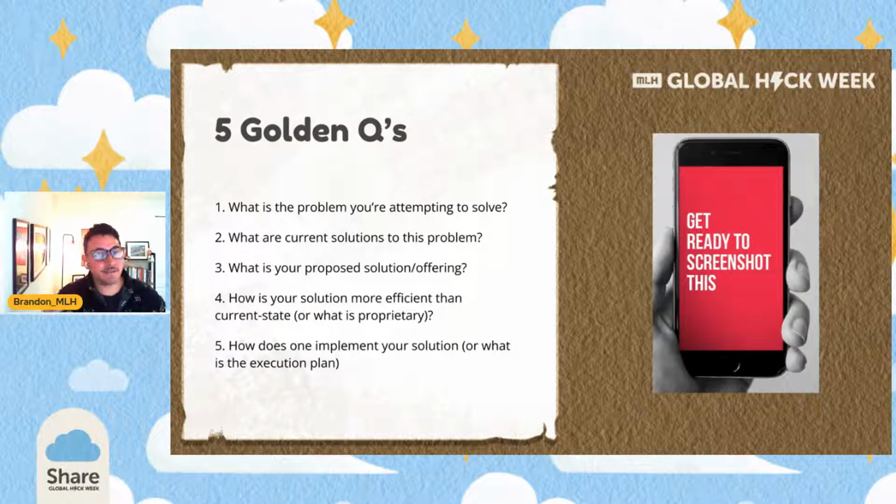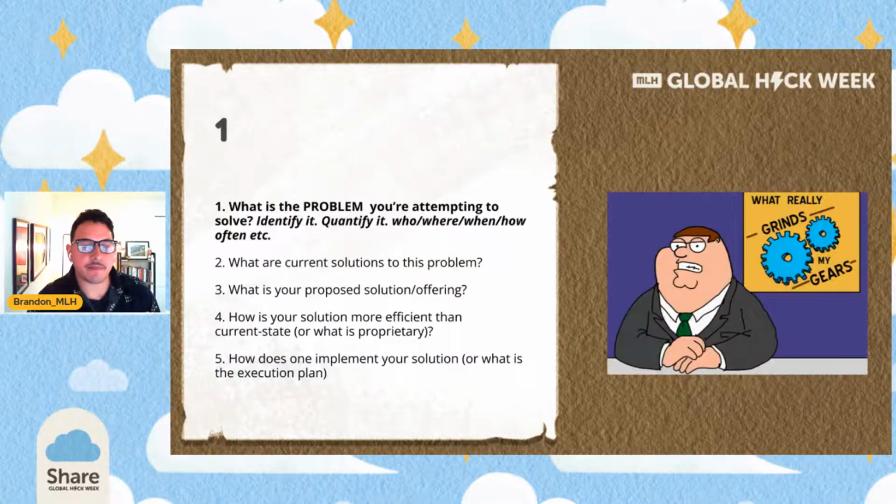And if there aren't any, we're going to have to explore what happens if there's no solution. Then, what is our proposed solution? And how is our solution better than what happens today? It might sound obvious, but it's not, and we're going to have to learn how to quantify that. And the last part is, what are the next steps to get us on our journey, and writing those out. So, diving in a little deeper.